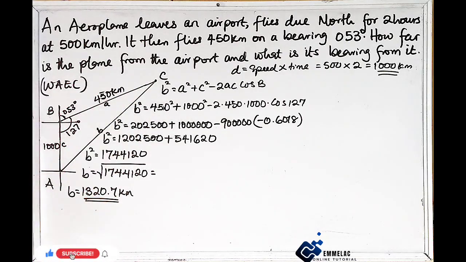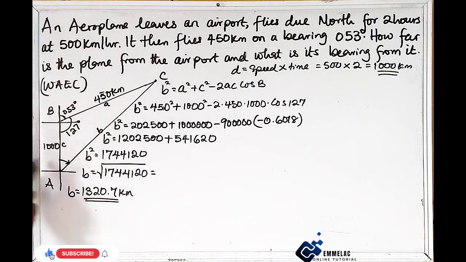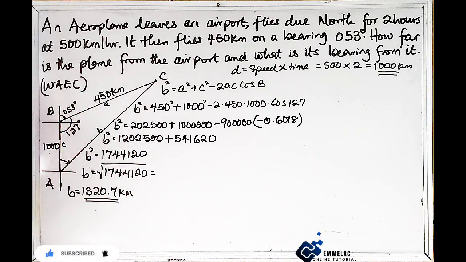Now the next question says, what is the bearing from it? So what is the bearing of C from A? Which is this angle here. To get this angle, since we have this side established and this side established, we can make use of the sine rule.